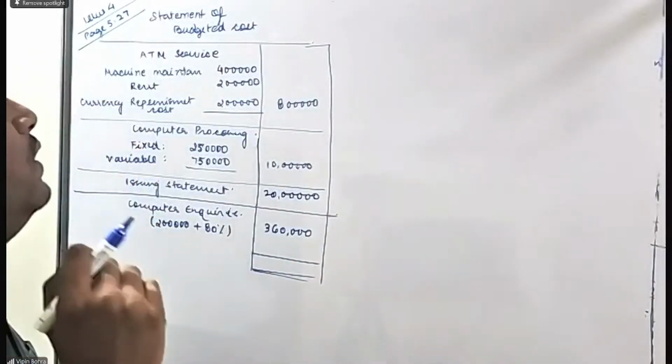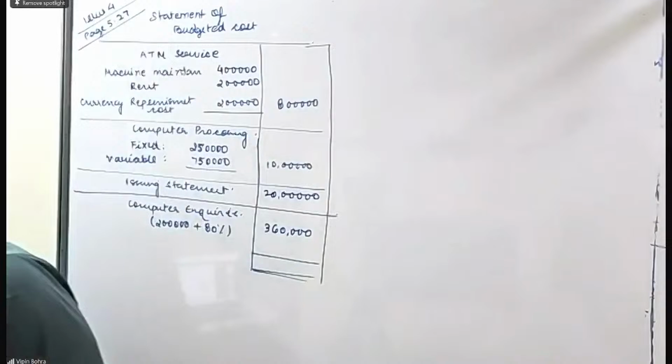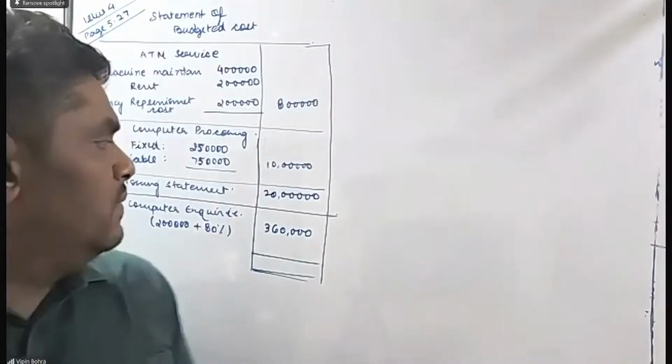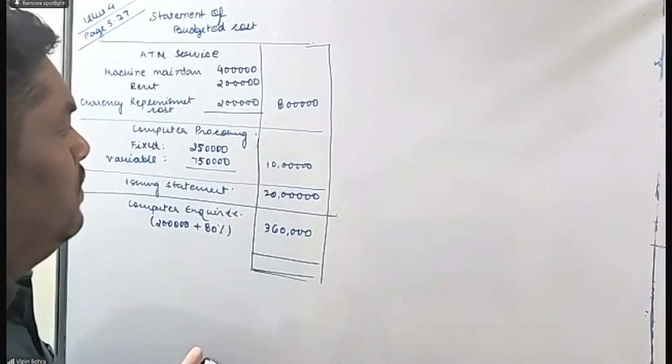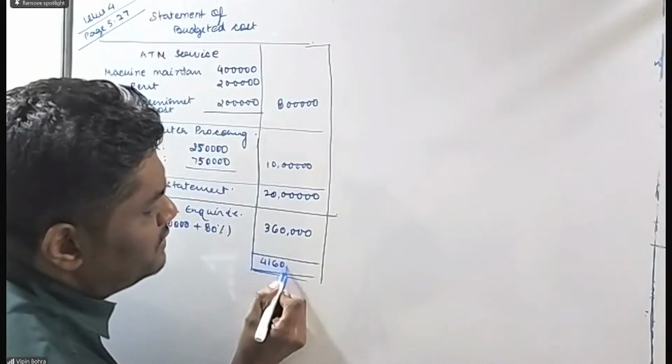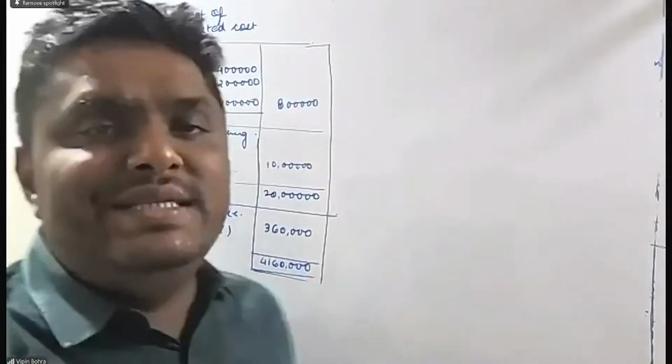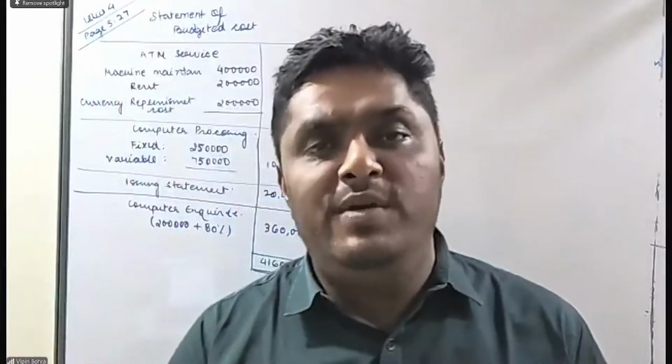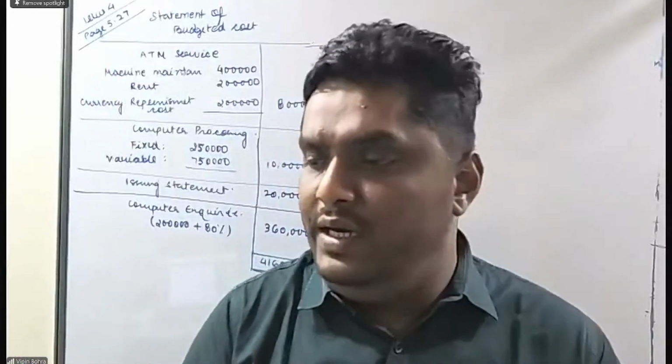So this will be the total overheads for the budgeted period, ₹41,60,000. See, the overheads are not given in the question. So some information is given in the question, and we have calculated the overheads.